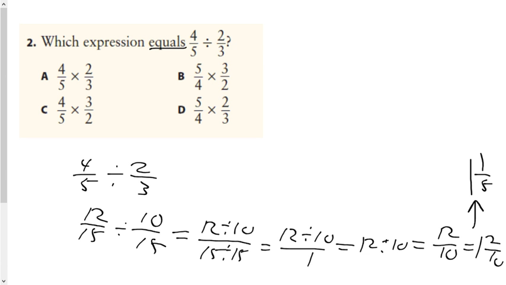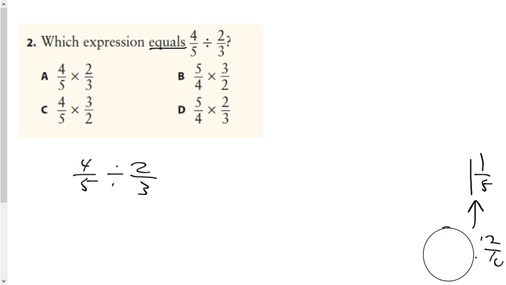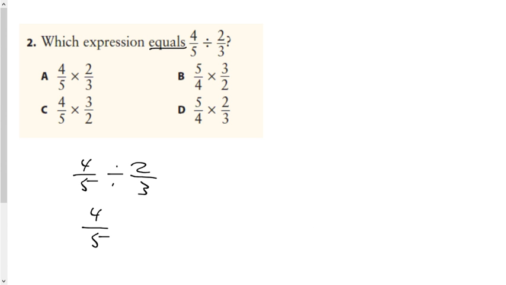How laborious was that? Now we realized very quickly as we were practicing both methods back in the chapter that we did division, that that was a very inefficient method for dividing two fractions. And we said, you know what, there's a much easier method. And that easier method was to keep the first fraction and multiply by the reciprocal of the second. And simply multiply your numerators to get 12 and multiply your denominators to get 10.